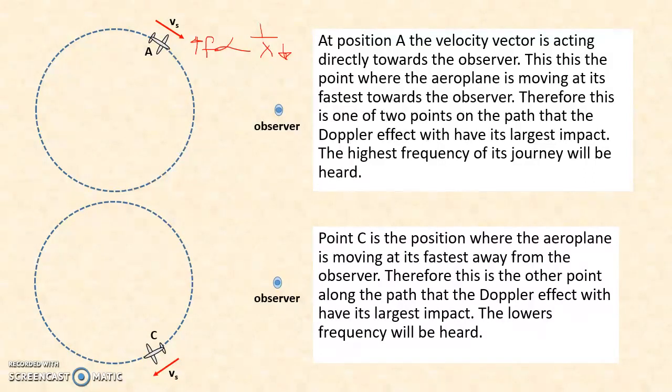The wavelength increases, and because the frequency is inversely proportional to the wavelength, as the wavelength increases, the frequency decreases. So at this point, we hear a lower pitch, and at A, we hear a higher pitch. Higher frequency equals higher pitch, lower frequency, lower pitch.